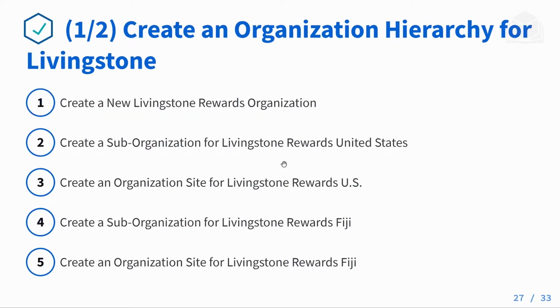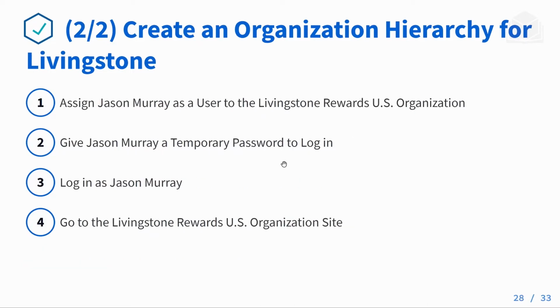Here are the steps. We'll create the Livingstone Rewards organization, as well as two sub-organizations for United States and Fiji. We'll assign Jason Murray as a user to the US organization. That's really the only one we'll test here. It doesn't matter really if you're doing US or Fiji, but we're just using US for now.